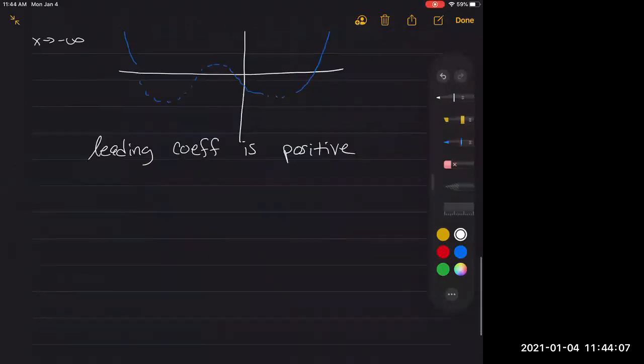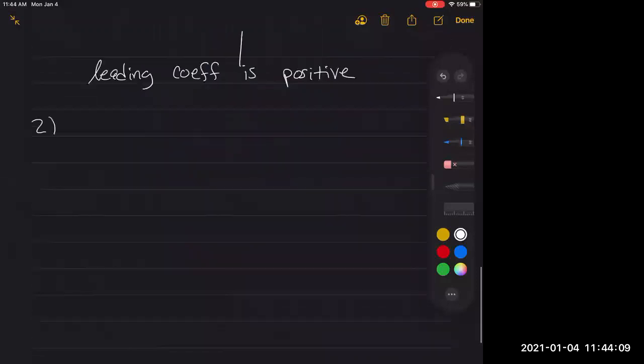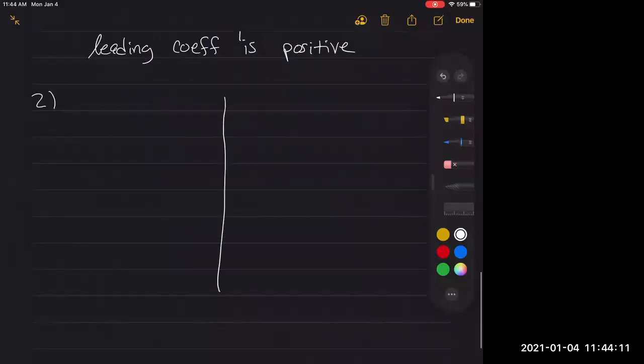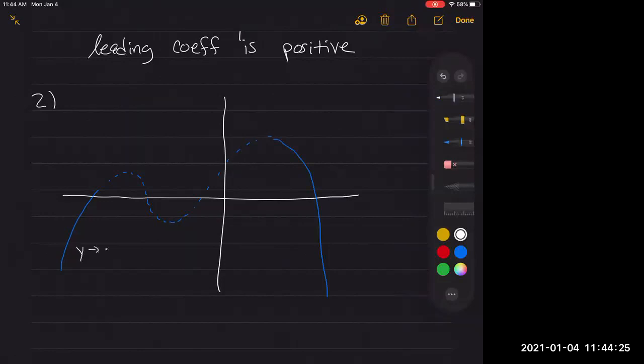And then the second result is when we have a graph like this. Here, y approaches negative infinity as x approaches negative infinity, and y approaches negative infinity as x approaches infinity.